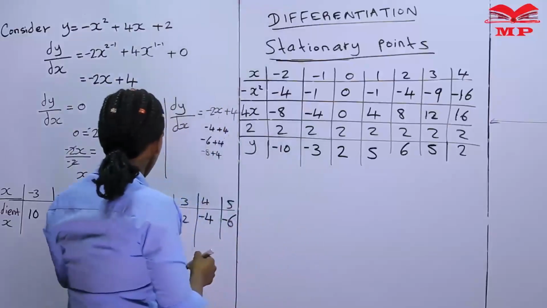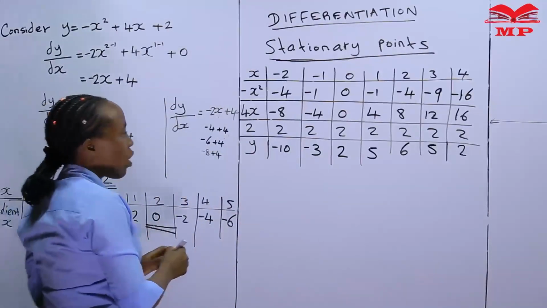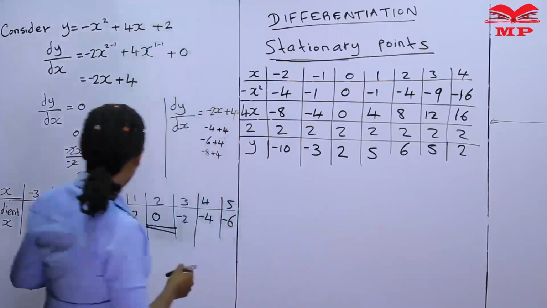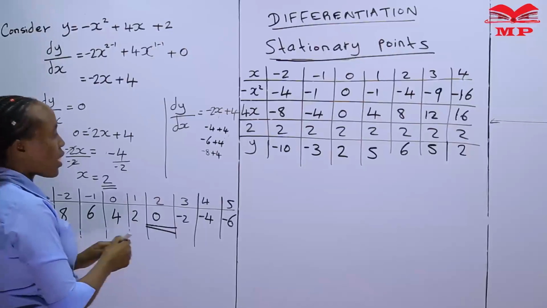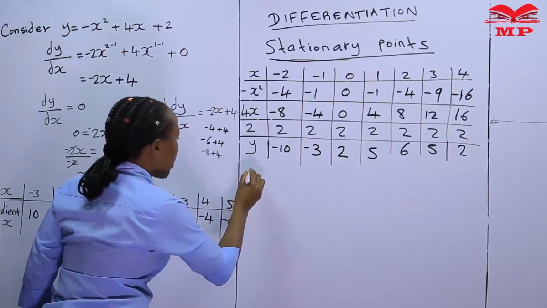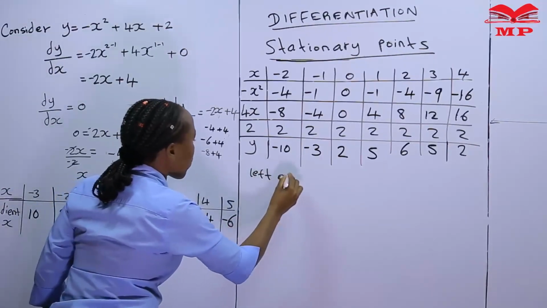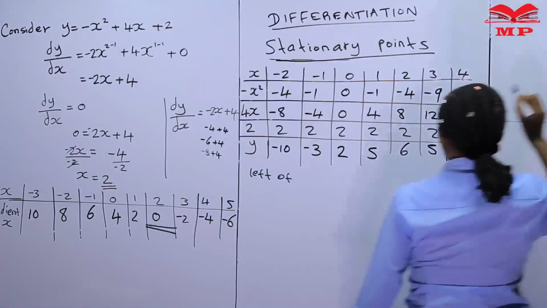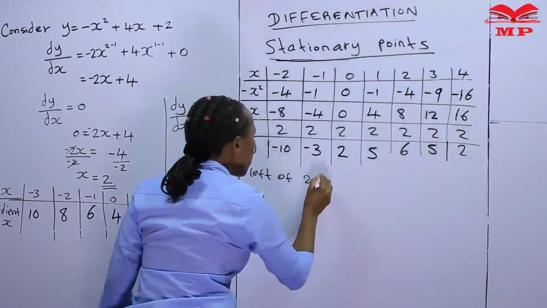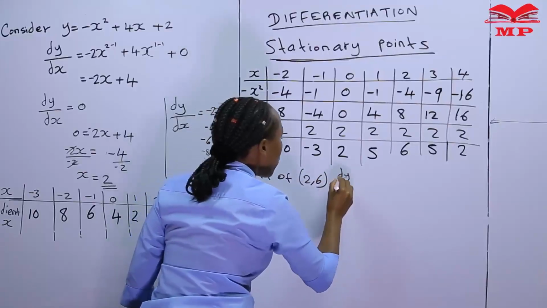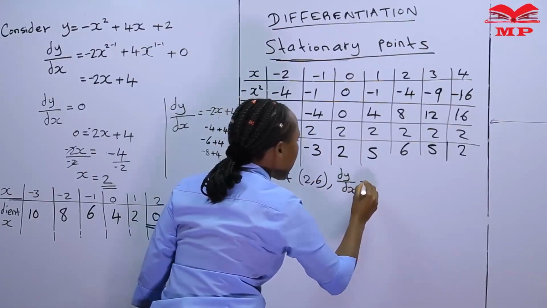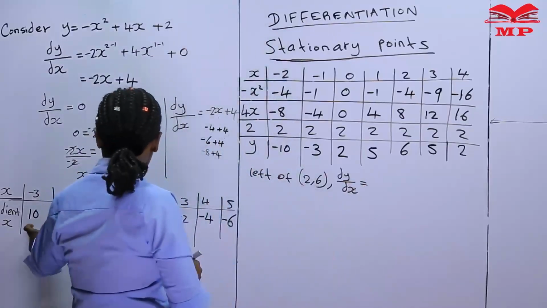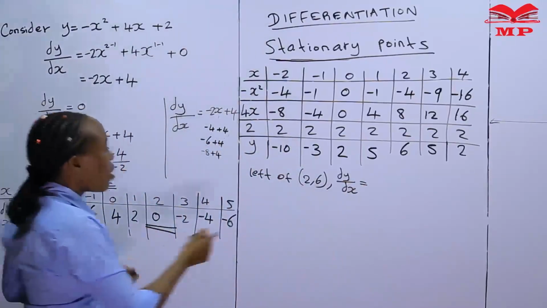And we can see on the left side, our gradient is positive. So on the left of this turning point, (2, 6), the gradient dy/dx is positive.